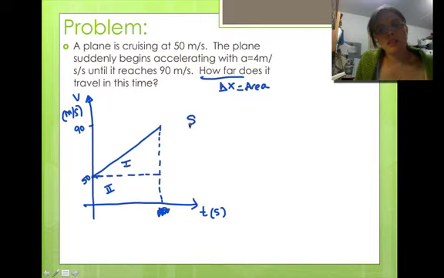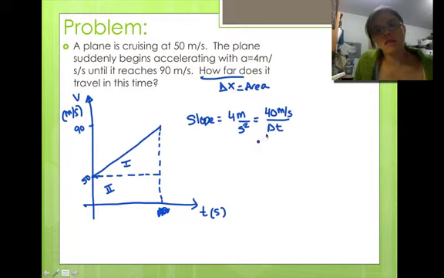So we know that the slope is equal to 4 meters per second squared. And we know that our change in velocity is 40 meters per second. And we're looking for our change in time. So 40 divided by 4 is 10 seconds. So now we know that this is 10 seconds.